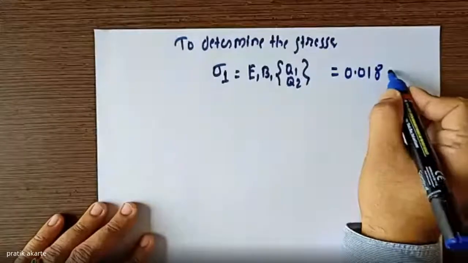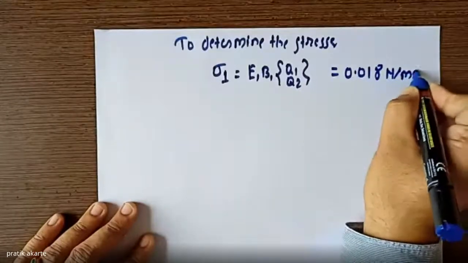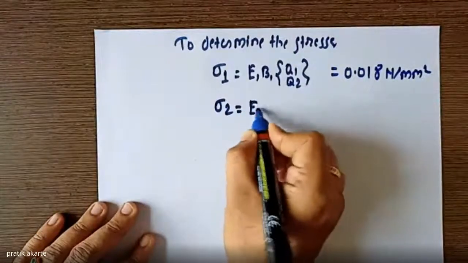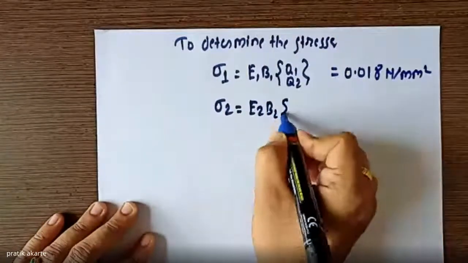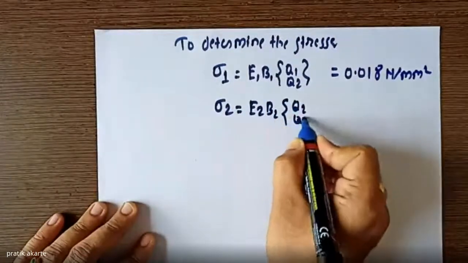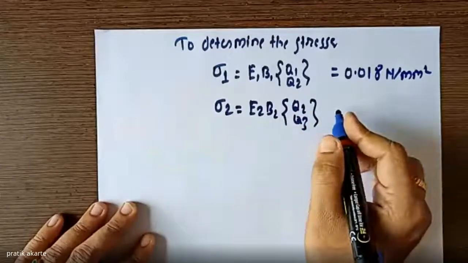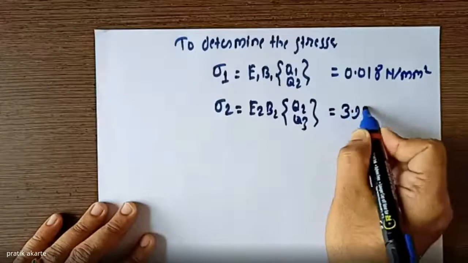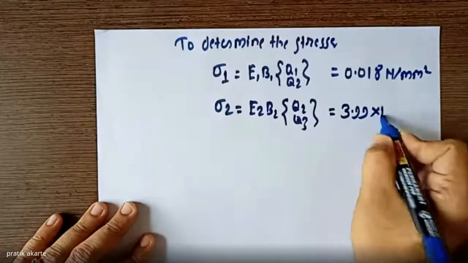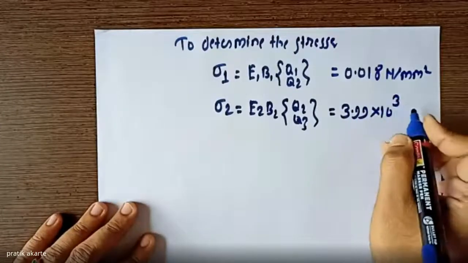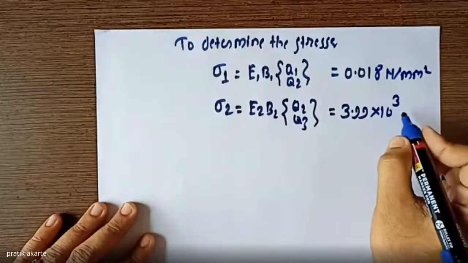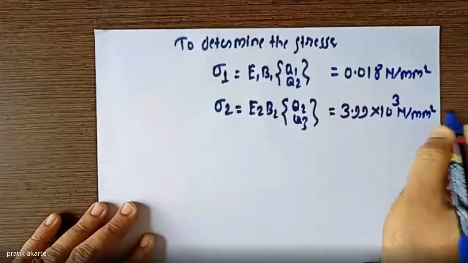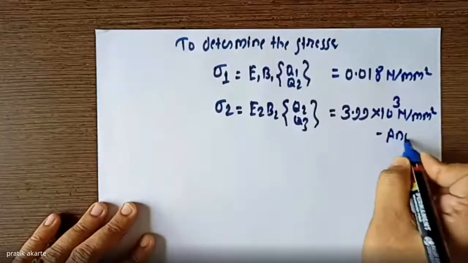It is 0.018 Newton per square millimeter, and for element 2, which is E2, B2, Q2, Q3, it's coming out to be 3.99 into 10 raised to the power minus 3 Newton per square millimeter. So these are your answers.